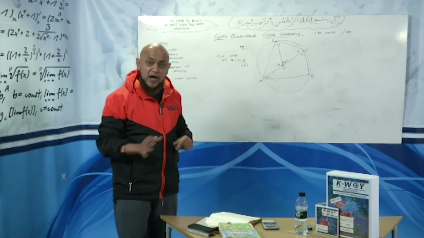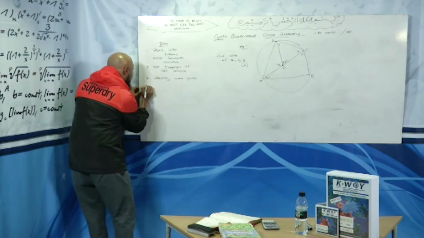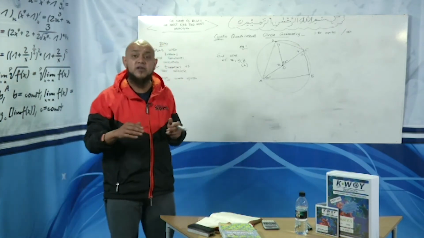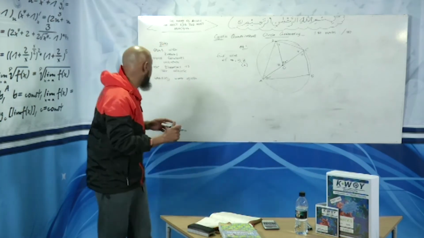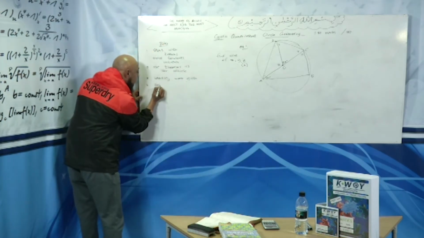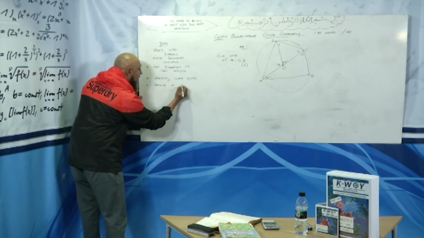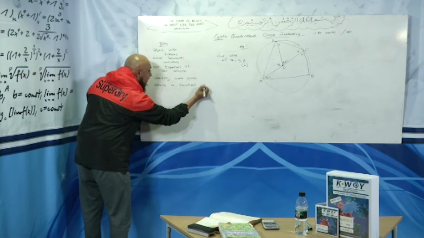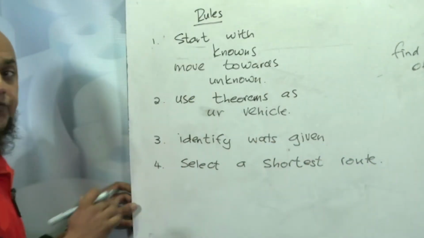It maps it out for you. And then, obviously, now we all know to get from Johannesburg to Cape Town, there are many routes. So now you select a route, a shortest route. And that's it. It's a 4-step process.